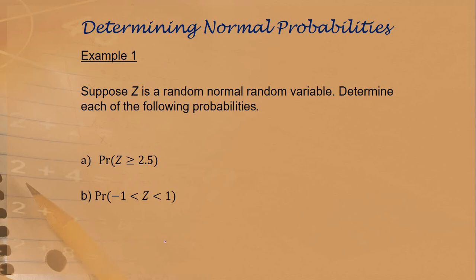Now when we're going through this, it's important to pay attention to the notation that you would be required to use in an exam and a SAC, as well as what to do on CAS. In general, whenever we are solving a problem that is normal, it will always say that it's a normal random variable. So it's very easy to determine when we need to use the normal distribution because you will always see the word normal.